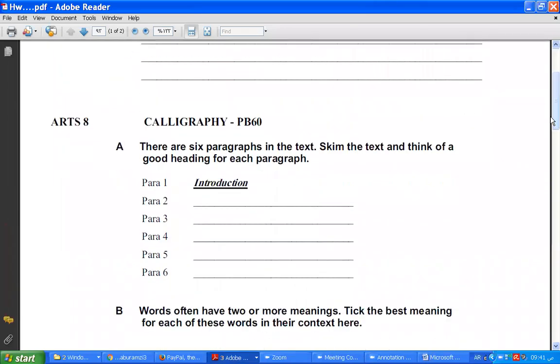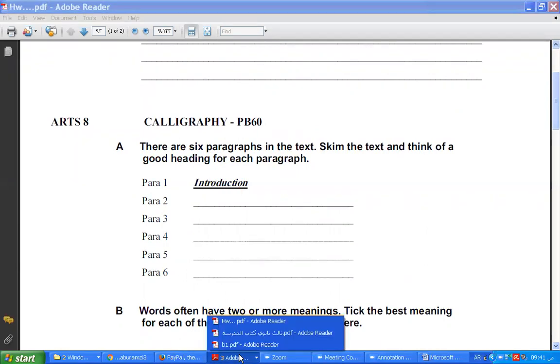Yes, she is. Now here we have 6 paragraphs in the text. We need to make a title, يعني عنوان, a title for every paragraph. So how can I choose that? Because number one, they say it's a kind of introduction about calligraphy, كمقدمة. So we will go through every paragraph to see what title we can find.